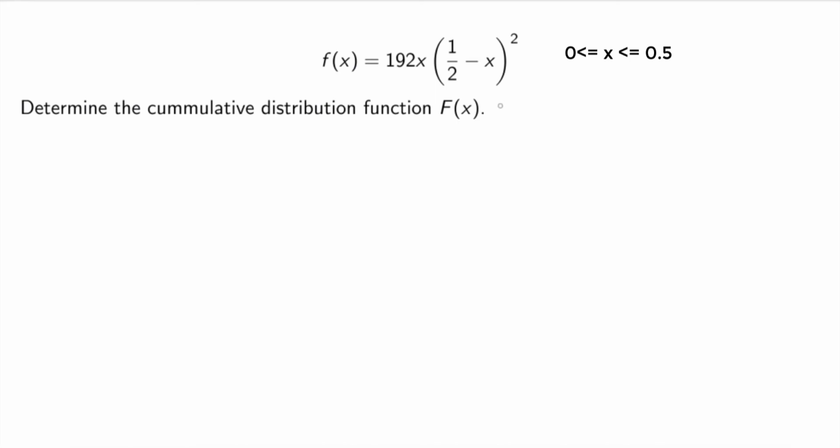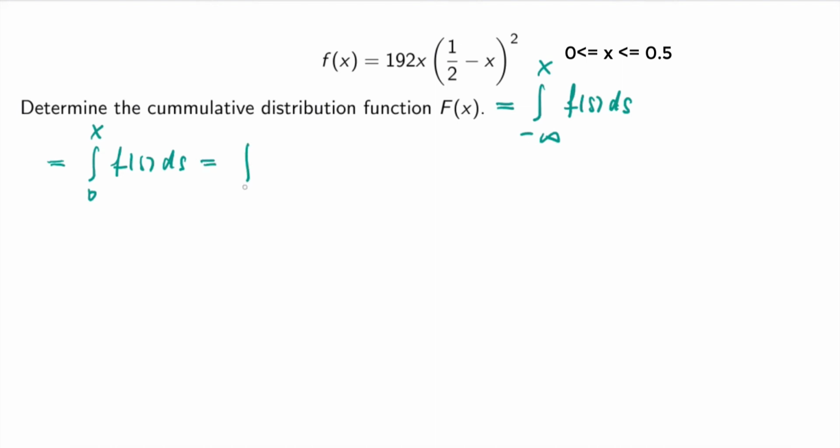So what was it? F of x was the integral from minus infinity to x of f of s ds. Again, our function was only defined between 0 and 0.5. So we don't worry about minus infinity here. We can just go from 0 to x of f of s ds, but we require that x is less than 1/2.